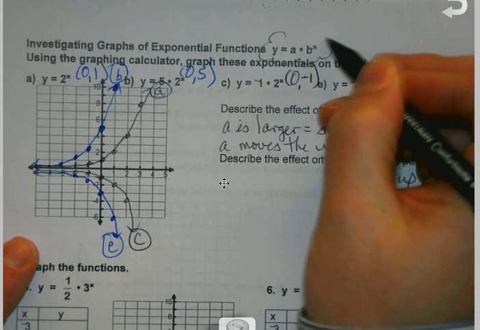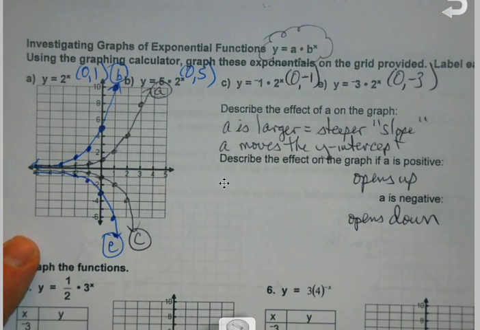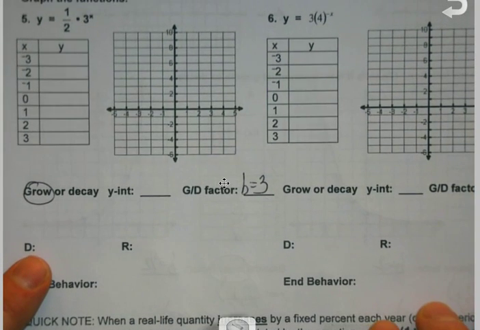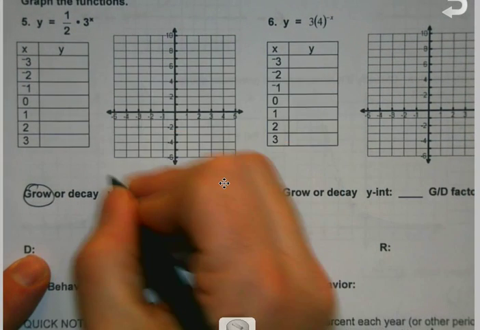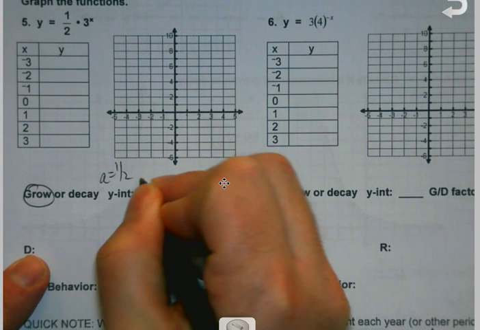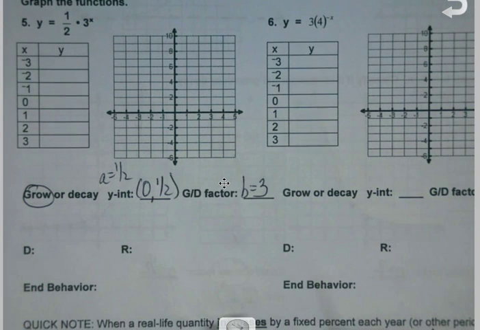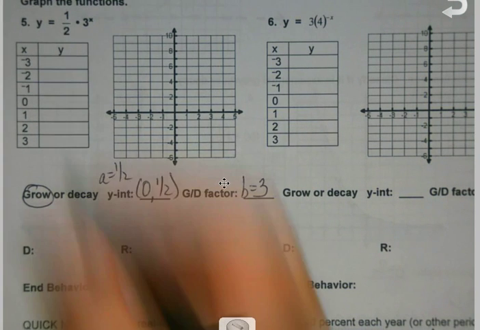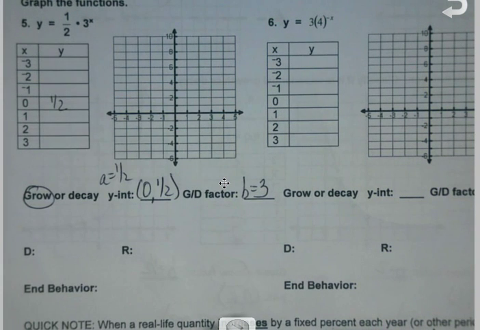We need to take advantage of patterns. Yes, my A value is 1/2. It's the number that's not being taken to the x power. So since my A value is 1/2, my Y-intercept, since there are no shifts yet going on, is at 0, 1/2.